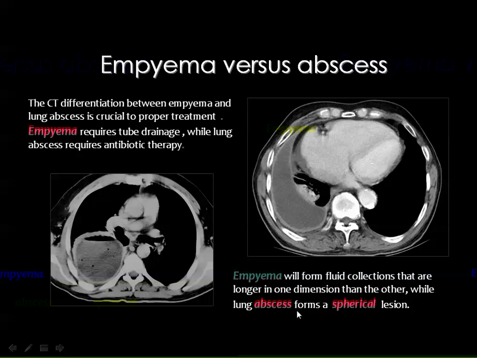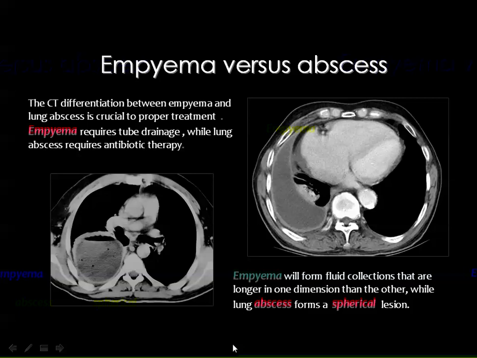A second issue is that an extrapulmonary lesion should press or compress the underlying lung, resulting in some areas of atelectasis and some areas of consolidation. While the lung abscess originates inside the lung parenchyma, it destroys the lung parenchyma in order to enlarge and occupy space for the abscess itself.